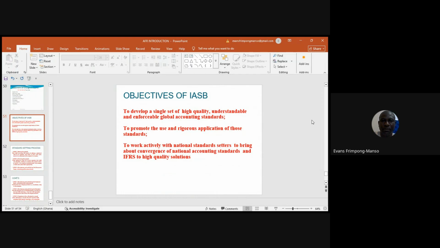So under no circumstance will you prepare financial statements without recourse to the International Accounting Standards and the International Financial Reporting Standards. So it is not optional, it is compulsory. Even those in the public sector, now we have also adopted IPSAS, International Public Sector Accounting Standards. So there are accounting standards for those in the public sector, as we also have the IAS for those in the private sector. Are you okay?